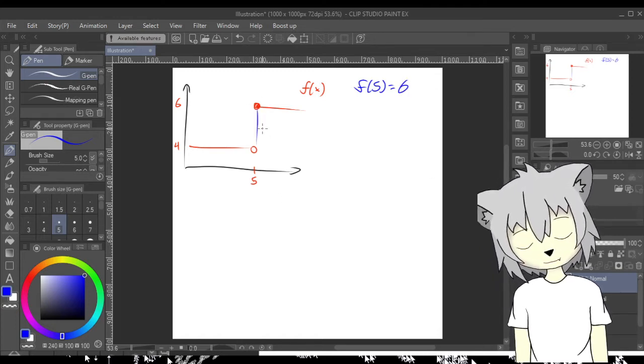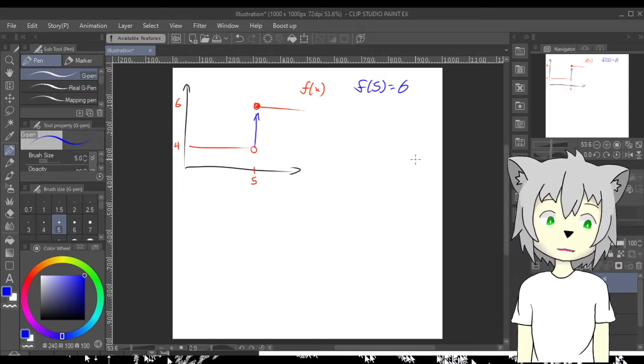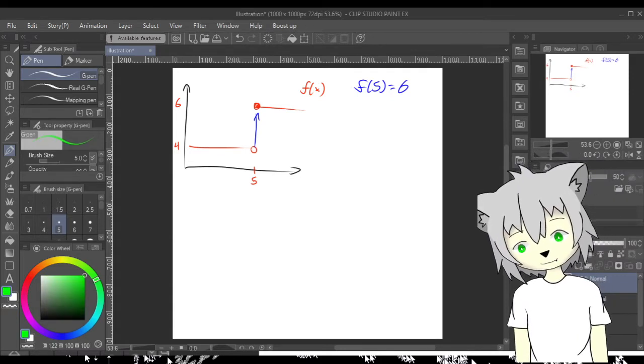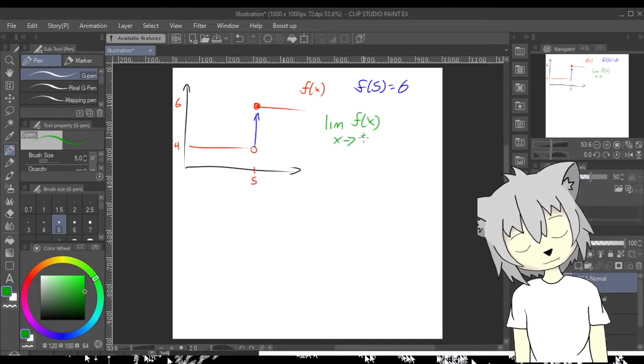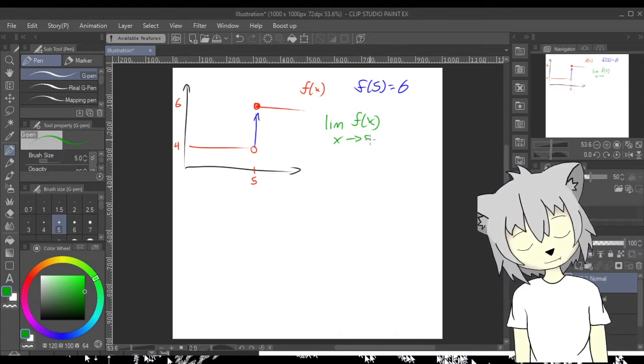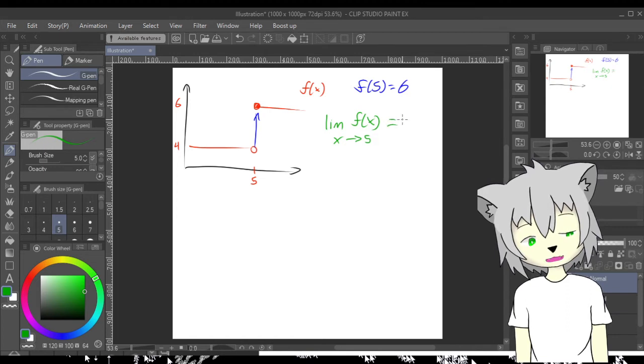It's a jump. It jumped from here to here, just straight up, but it's defined at this point, yeah. However, what do you think the limit of f of x as x approaches 5 is? What do you think that equals? What do you think it will pop out if you try and do that?